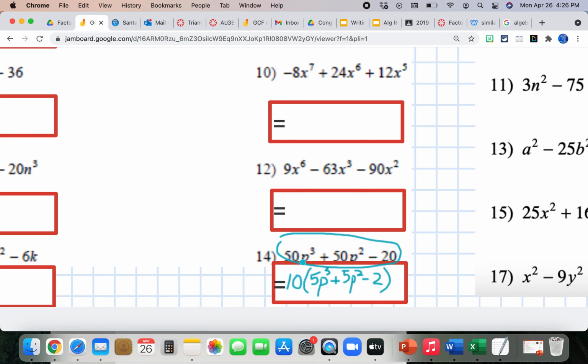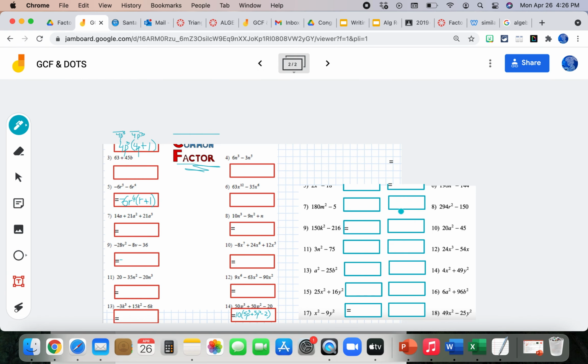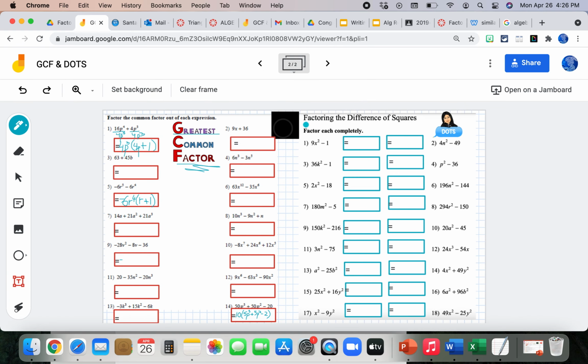Okay, so 10 times 5, and P, the letter P also follows along, and you just keep doing that, multiply it and get back to the problem, and that's how you can check your answers and see if that is correct.